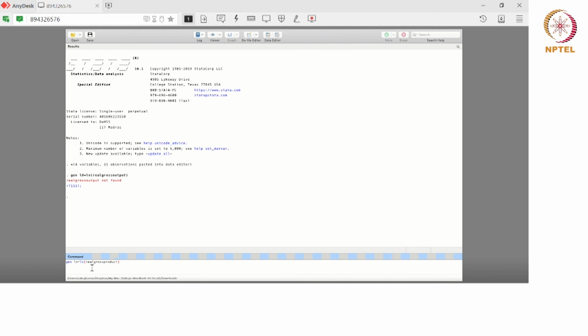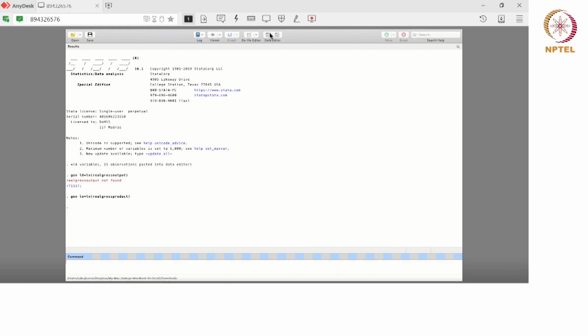Then if you press enter, it will work. That means I have now converted the level variable of output into log form, and the variable is defined as L0.